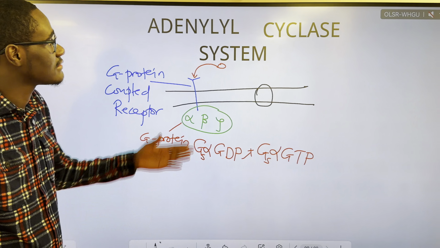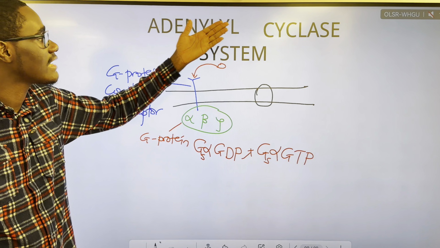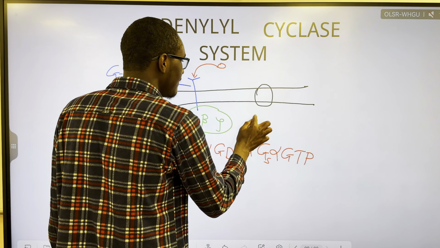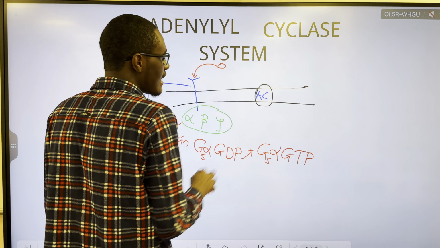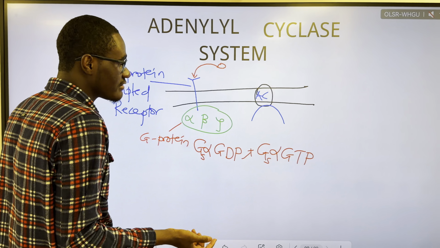As the name implies, the system itself is called adenylyl cyclase, but it is one of the most important parts of the system. The function of adenylyl cyclase, AC, is to convert ATP. But before converting, what's going to happen? The G alpha GTP that was formed is going to activate it.